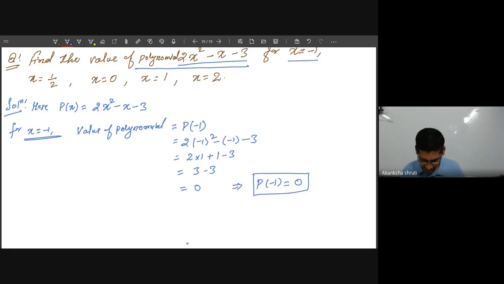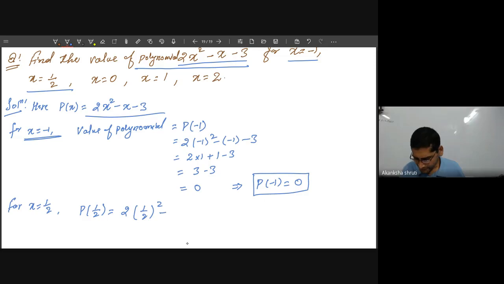So here I have calculated one value. In a similar fashion we have to calculate for the others. For x equals 1 by 2, you can directly denote this as p(1 by 2). Substitute it in p(x): 2 times (1 by 2) square minus 1 by 2 minus 3.